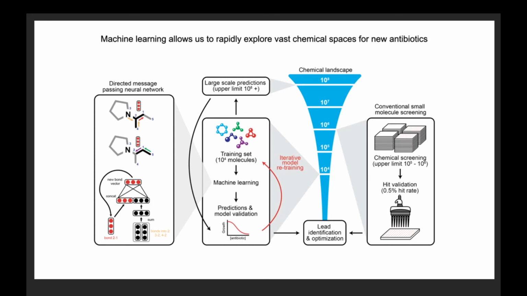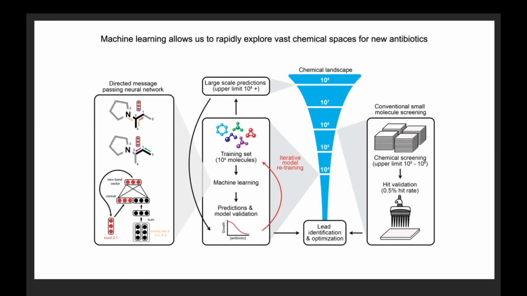So instead of screening being upper bound by maybe a couple million molecules in our search for new drugs, could we train an ML model and then have the capability of exploring tens of millions, hundreds of millions or more molecules that may have antibacterial activity? So that's what we did.